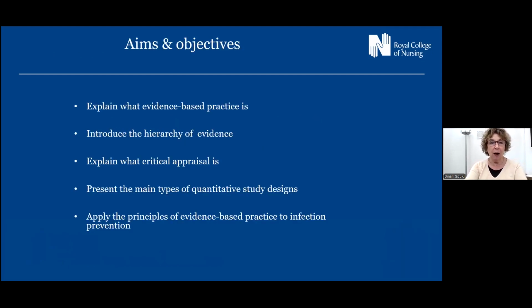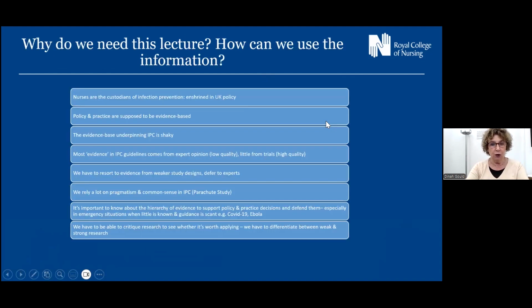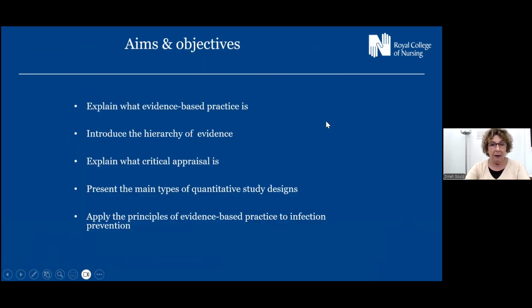I'm going to explain what evidence-based practice is. I'm going to introduce the hierarchy of evidence, talk a little bit about what critical appraisal is, and then present the main types of quantitative study designs.